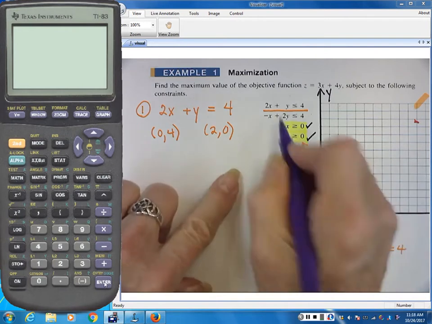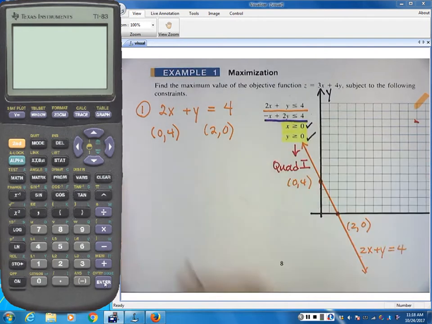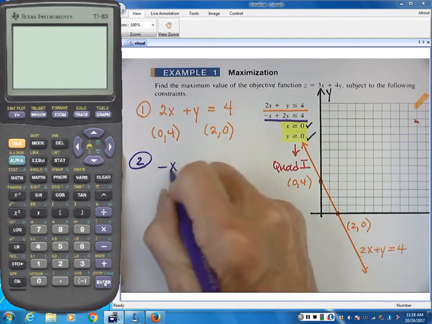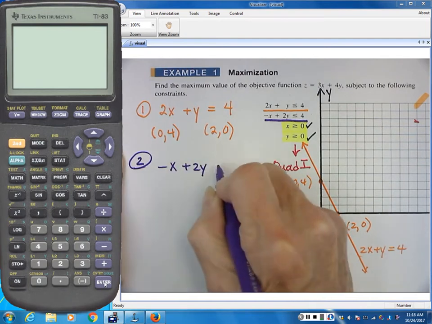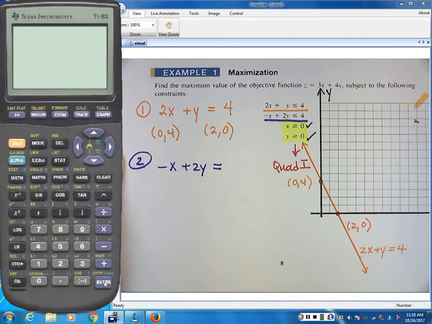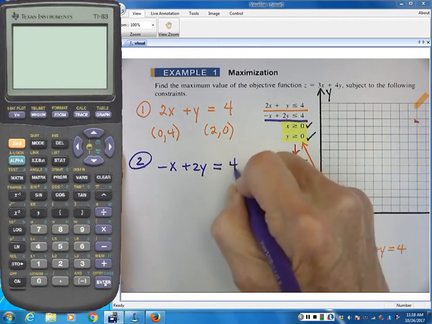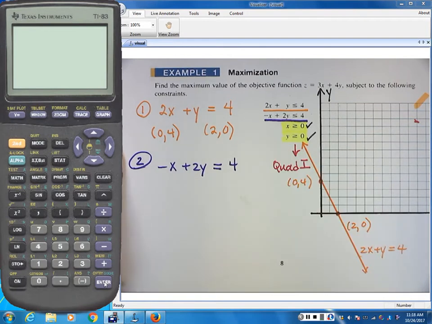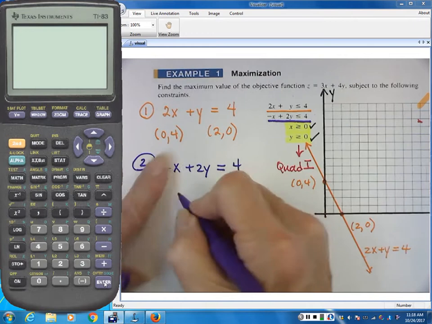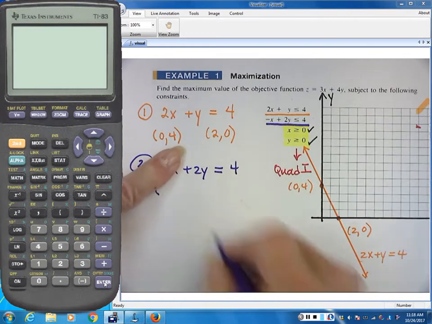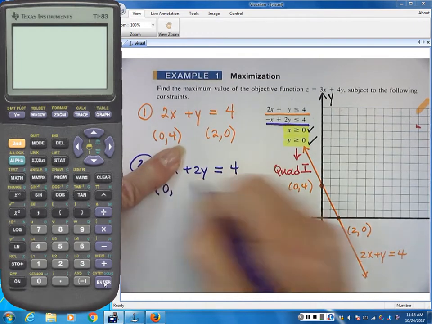So let's go to this constraint. I have negative x plus 2y is equal to or less than, which I'm going to swap out for equals, 4. That means if I let x be 0, 2y is equal to 4, and that means y is equal to 2.